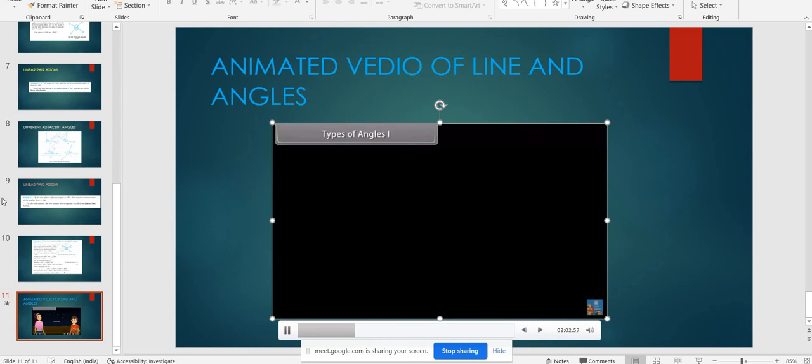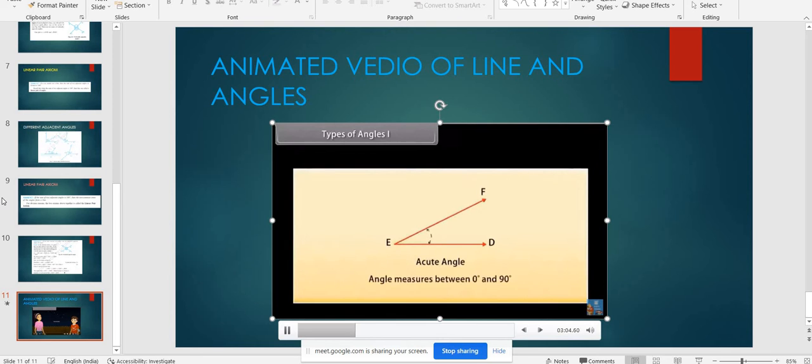Types of angles. An acute angle measures between 0 degrees and 90 degrees. A right angle is exactly equal to 90 degrees. And an angle greater than 90 degrees but less than 180 degrees is called an obtuse angle. Also, a straight angle is equal to 180 degrees.